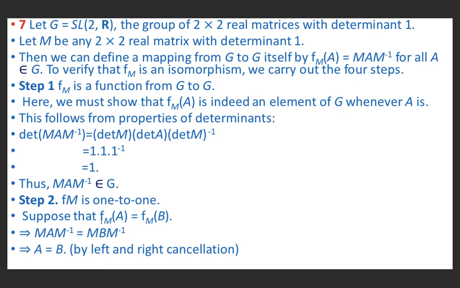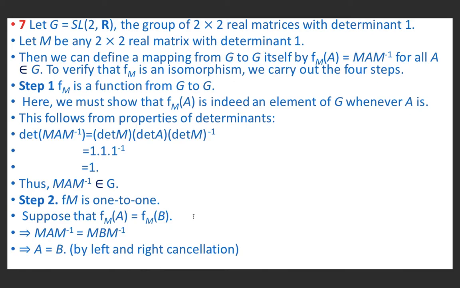By the right cancellation law, M inverse will cancel out, because determinant of M is 1, so we can find its inverse and it is non-zero. So we can cancel it. And this implies A is equal to B by left cancellation law and right cancellation law. It means F_M is 1 to 1.